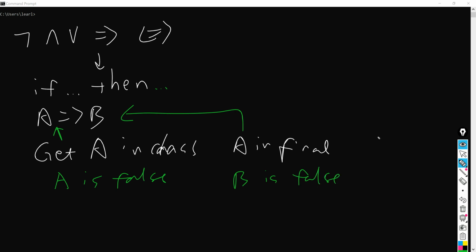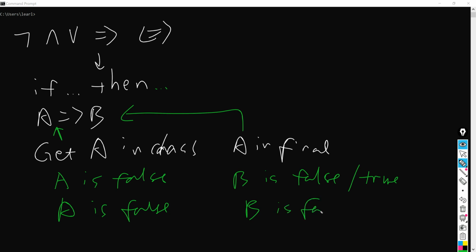And if we get an A in the final but did pretty bad in the midterms and homework, we still cannot get an A in this class. So B can either be true or false. However, if we get an A in this class, then we have to get an A in the final, since this is the requirement.